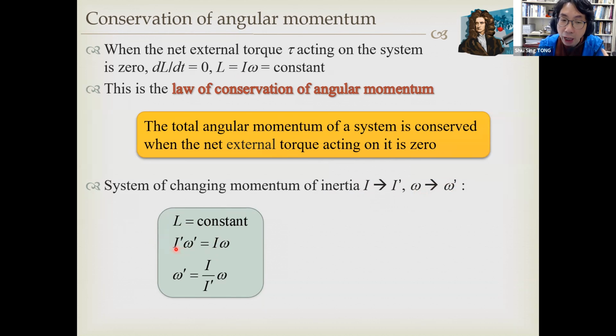The combination I prime omega prime is equal to the combination I omega. So the old angular momentum is equal to the new angular momentum. The angular momentum is conserved. So I can solve for the new angular velocity if I know the change in moment of inertia. If I know the old I and the new I, I can calculate the change in angular speed also.